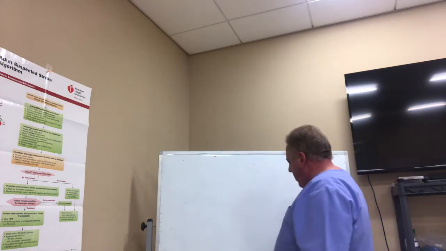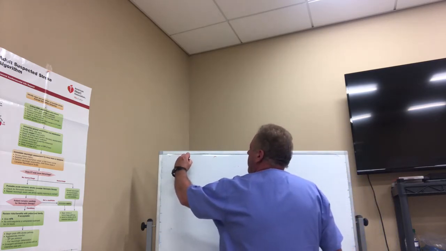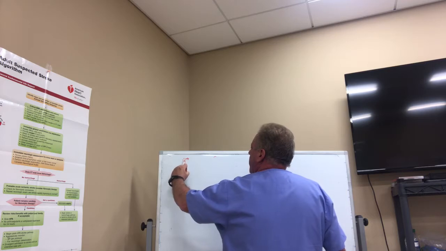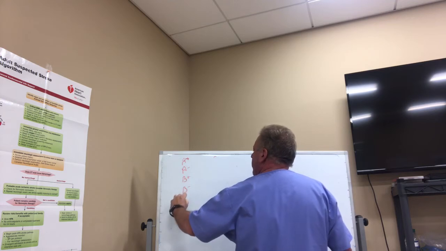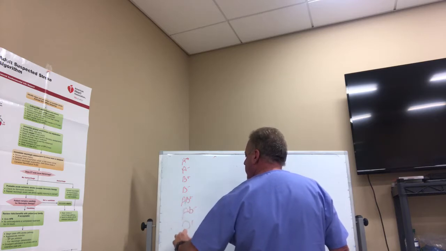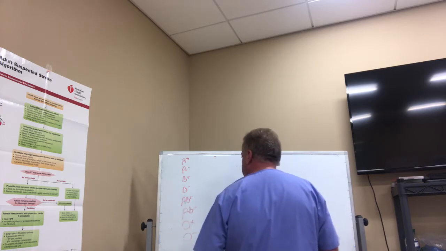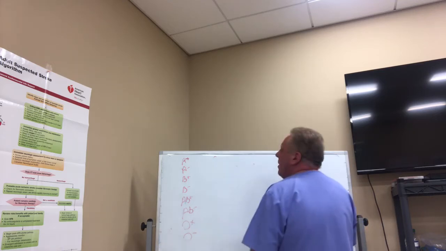Now, there's types of blood, right? So we have type A positive, A negative, B positive, B negative, AB positive, AB negative, O positive, O negative. Right? That's easy, right?